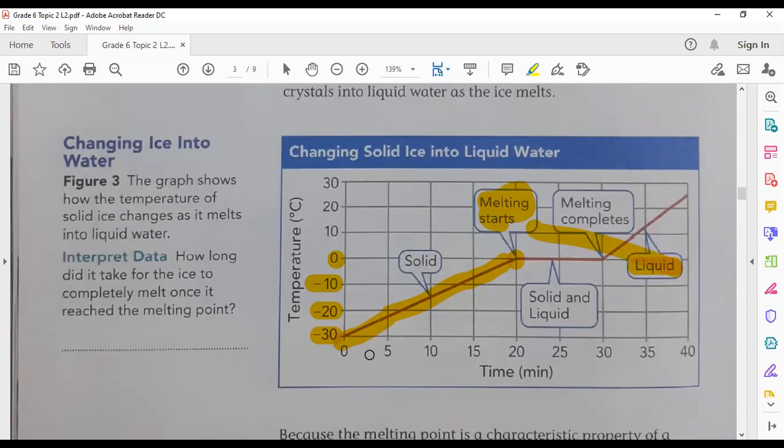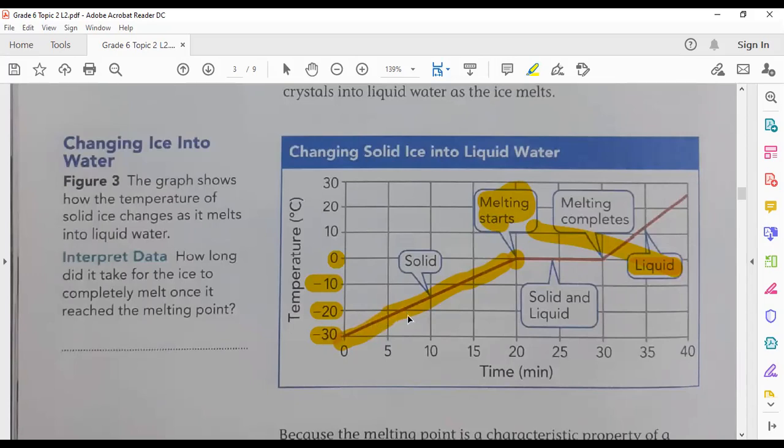Suppose that you take an ice cube from the freezer. At 0 time, this is the beginning, the temperature of the ice cube is -30. After a short period of time, the temperature starts to increase. Notice that -30 to -20 is an increase in temperature, not a decrease, because -20 is bigger than -30.